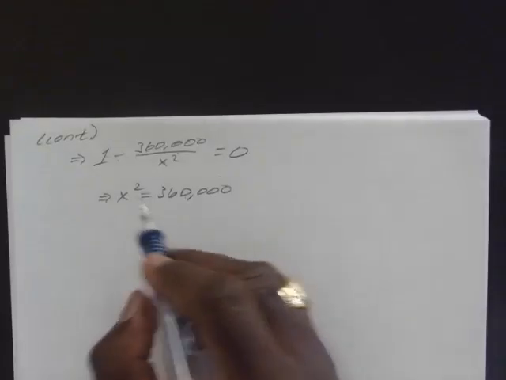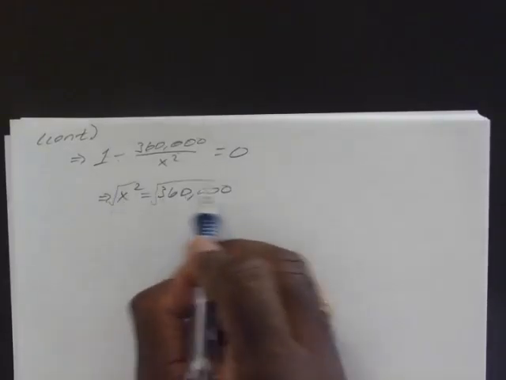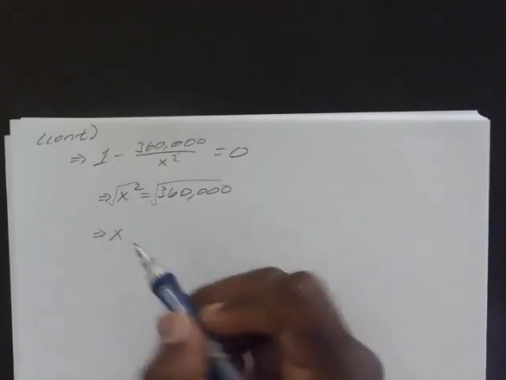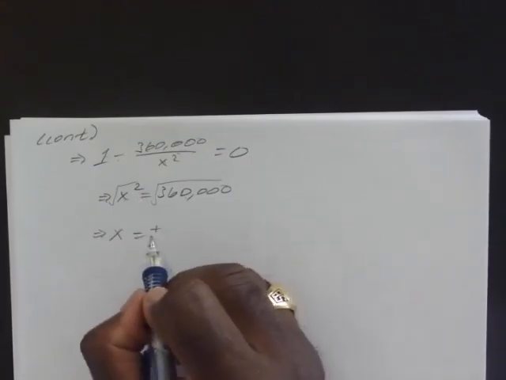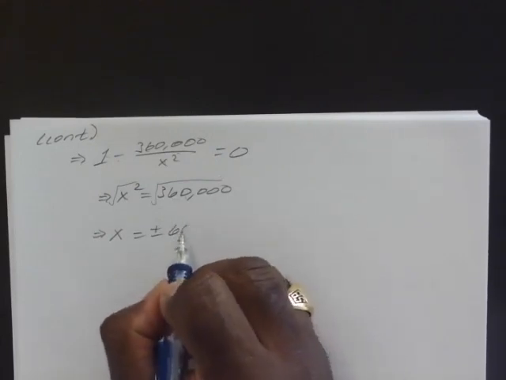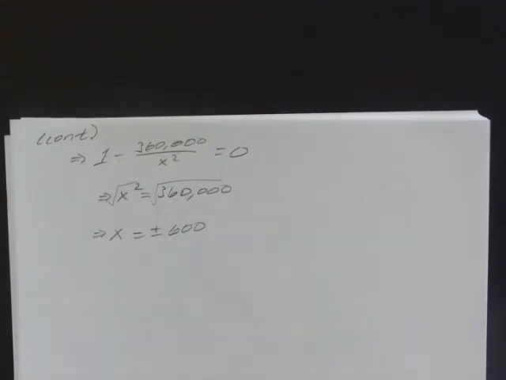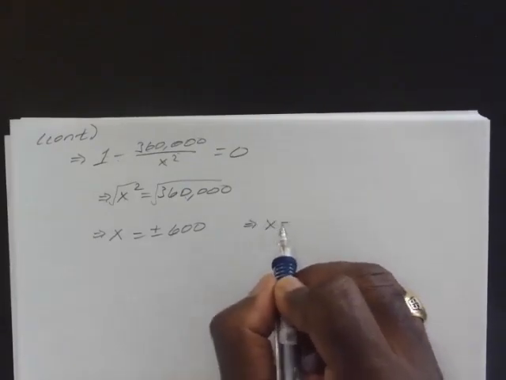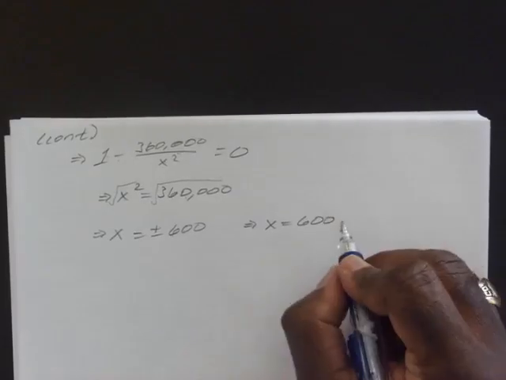So if we square root both sides, we have the square root of x squared, which is just x, is equal to plus or minus the square root of 360,000, which is 600. But since we know x has to be greater than 0, we know x is equal to 600 meters.